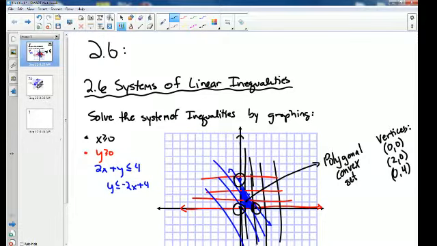Nice vocabulary there, right? You will use that with word problems big time next week, so please know how to do it. Know how to find these vertices, because we're going to use them.